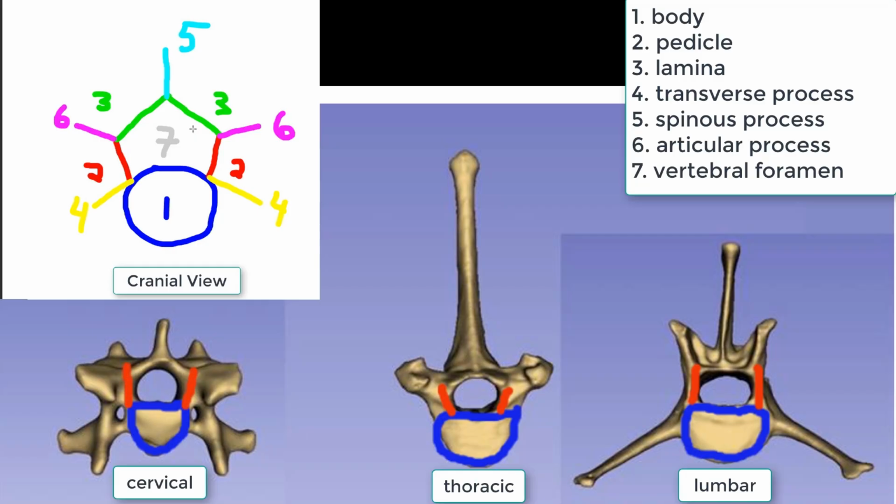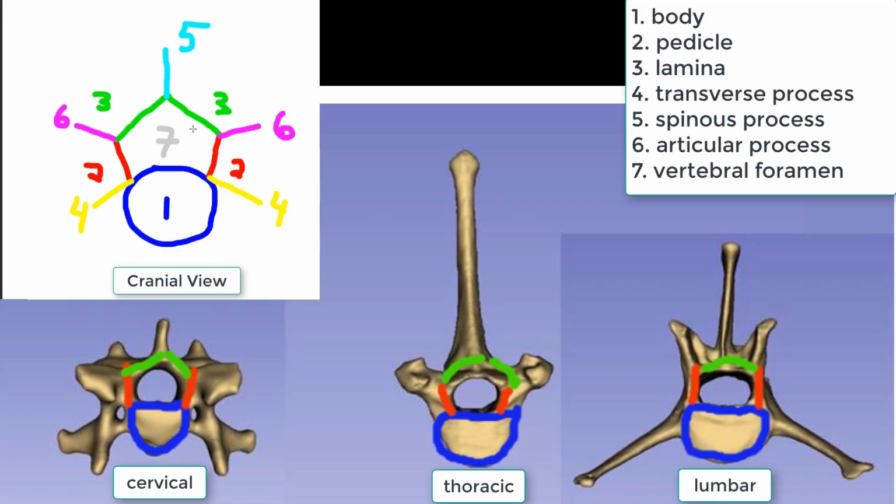Next we'll do the anatomical lamina. So draw in the lamina here. So now you can see we have the body, the pedicle, and the lamina. We can easily identify those on each of these three types of vertebrae.